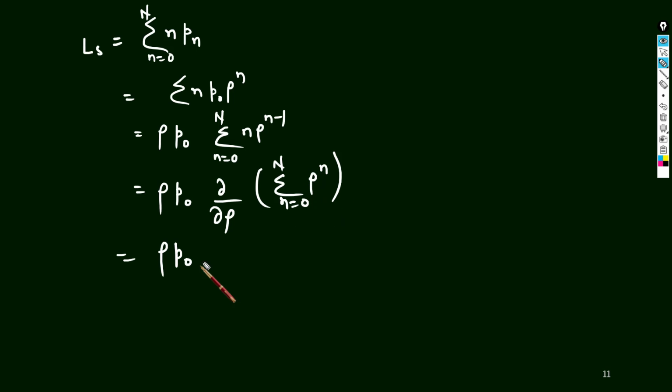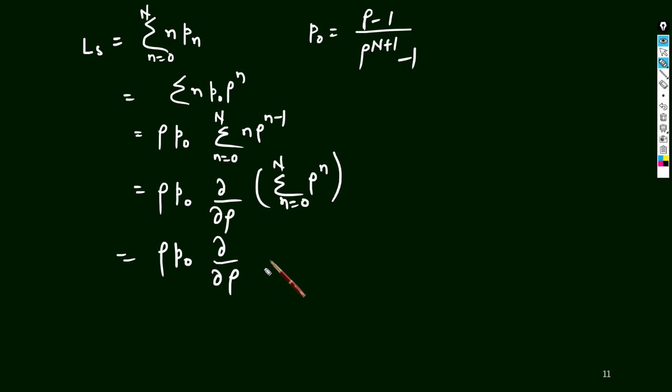Now what is this? The derivative of rho to the power n. Already we have seen that P naught is equal to rho minus 1 divided by rho to the power n plus 1 minus 1. Is it clear?